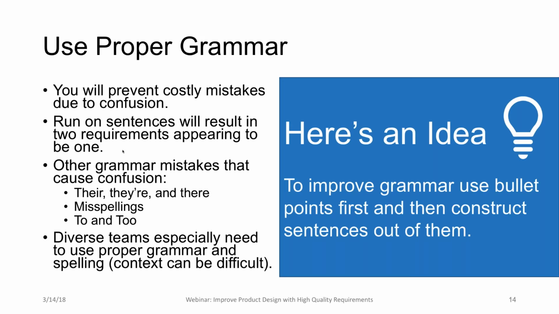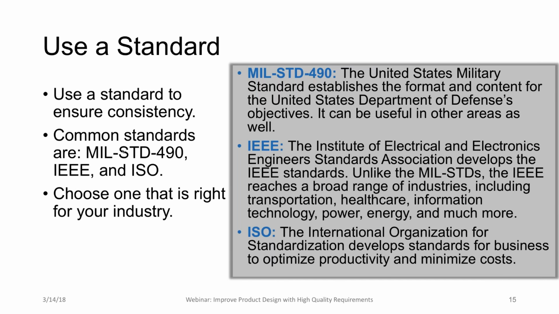Using standards is also very helpful. They're there to help us ensure consistency. There are all kinds of standards out there. There are still MIL standards, and IEEE and ISO have standards. A lot of places have these standards available. One of the problems I've run into, though, is that you have to pay for some of these standards, like IEEE. They're not free.